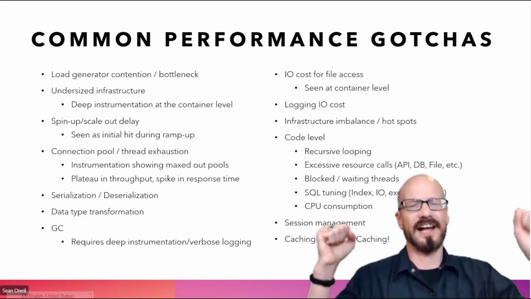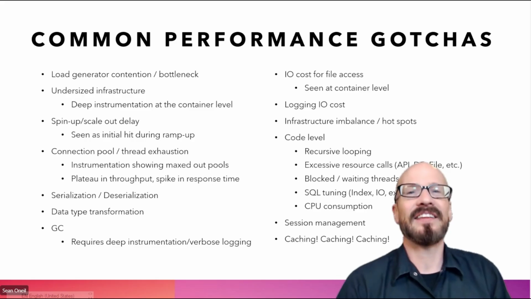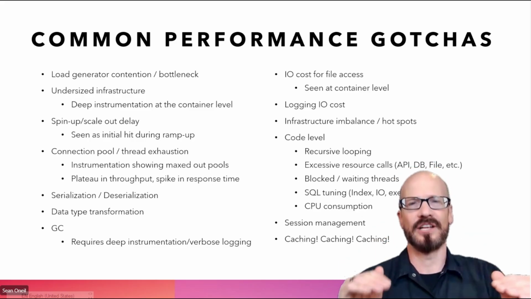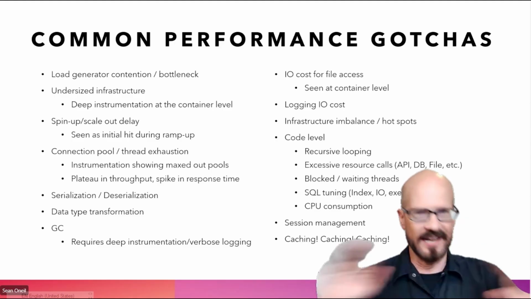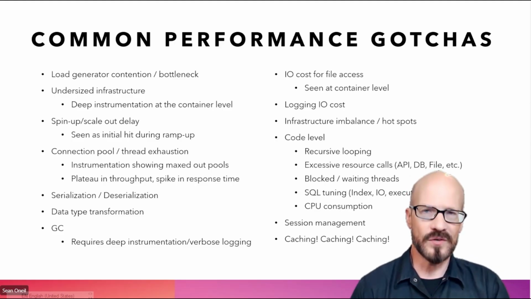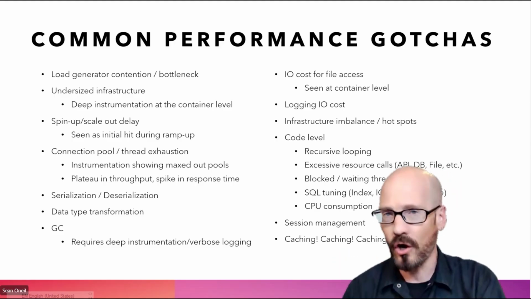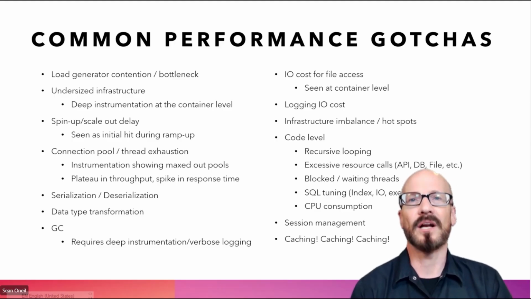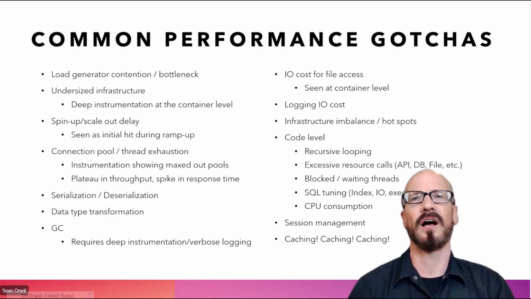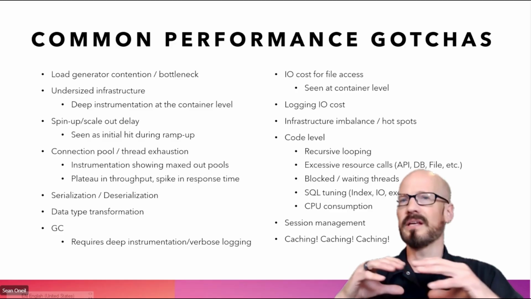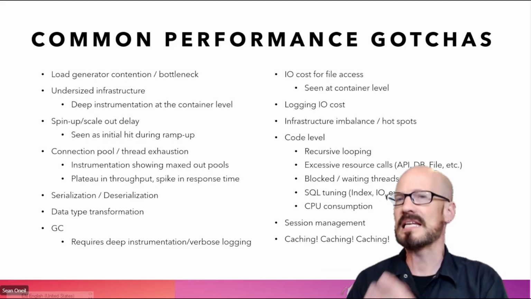So caching. At the end of the day, caching is performance. That's it. All the other stuff on the screen are the things that you can do in the infrastructure, the things that you can do in your code, the things that you can do in your network. But ultimately, to get to that next level of performance, what you're doing is caching information. And that could be in a content network, a CDN.